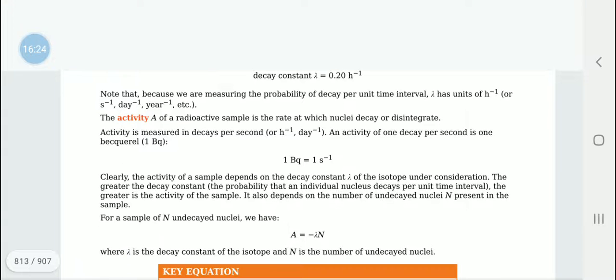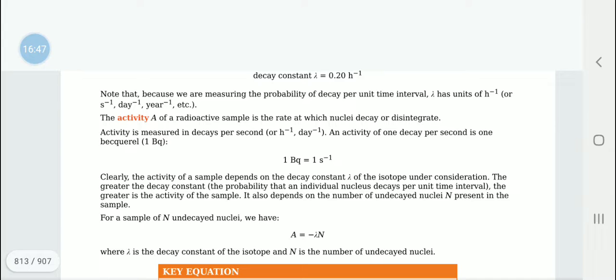The activity of a sample will depend on the decay constant of that isotope. The higher the decay constant, that is the higher the probability of an individual nucleus decaying per unit time interval, the greater the activity of the sample.